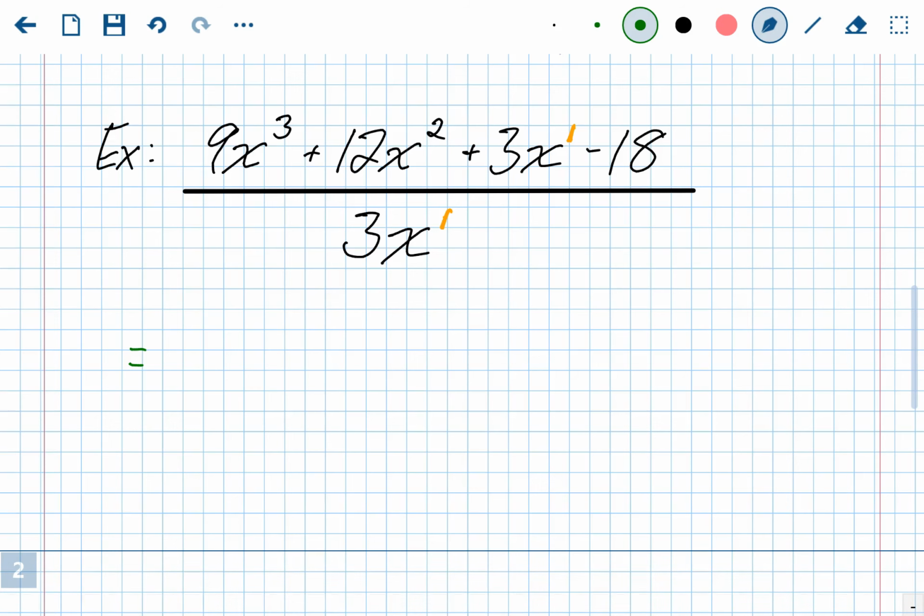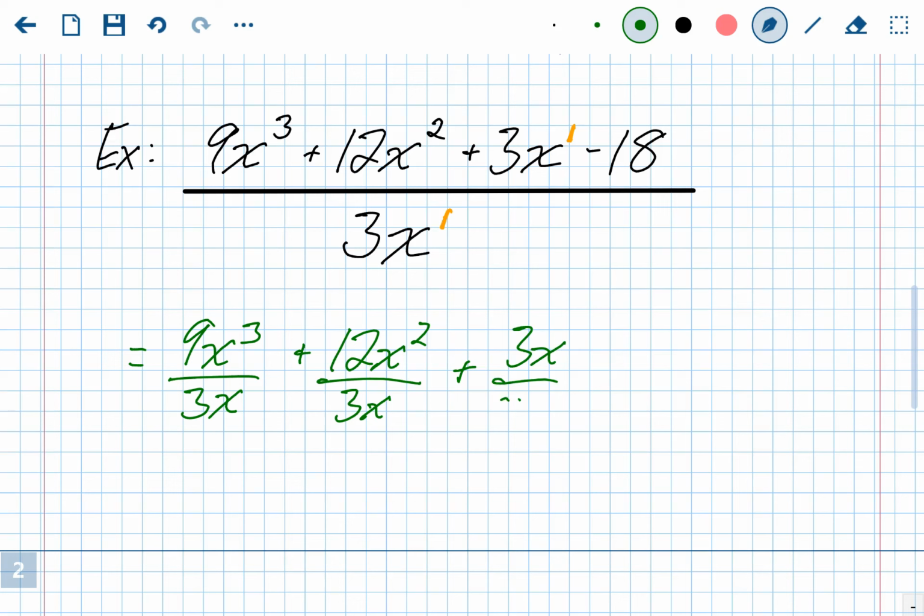So you're going to take the first term, which is 9x to the third, and we're going to divide that by 3x. Then we're going to take the second term, which is positive 12x squared, and we're going to divide that by 3x. And the same thing down the list. Each term is getting divided, on its own, by the denominator of 3x.